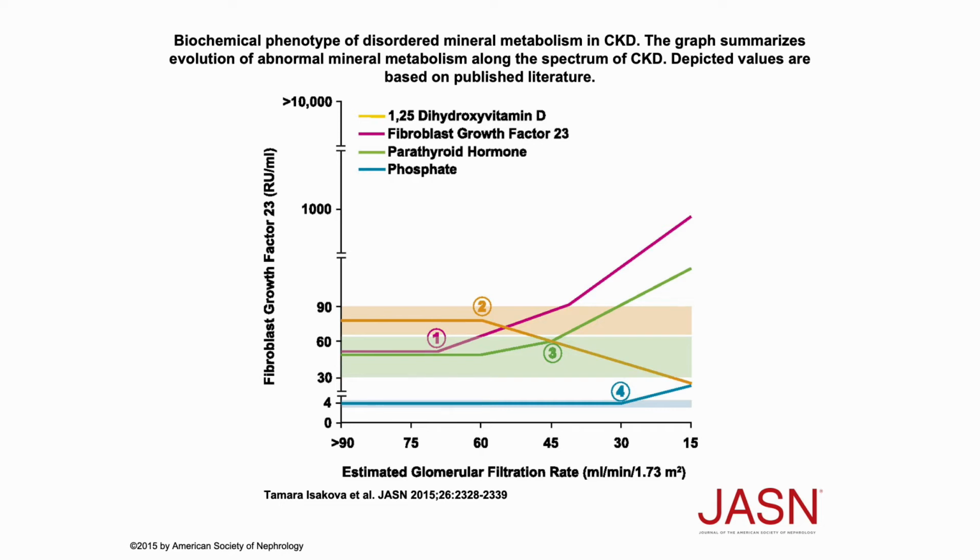Now, PTH is phosphaturic. 1,25-dihydroxyvitamin D is also phosphaturic. This initially is enough to prevent the increase in phosphate. But once you reach stage 4 and higher chronic kidney disease, phosphate is going to go up. And these mechanisms will not be enough to stem the tide of high phosphate.